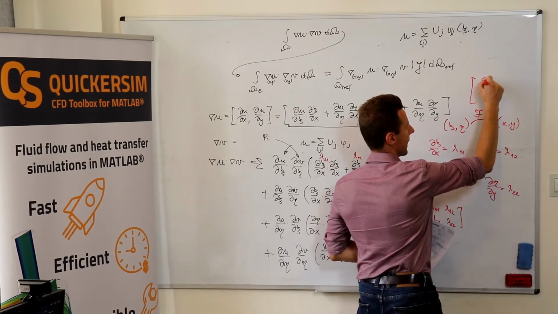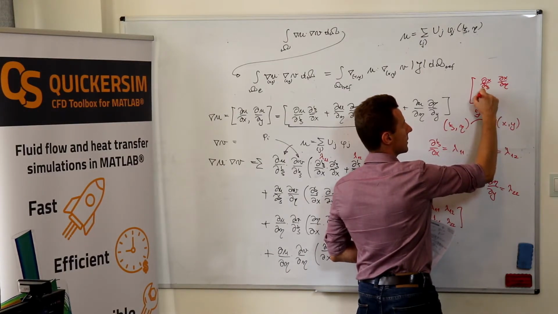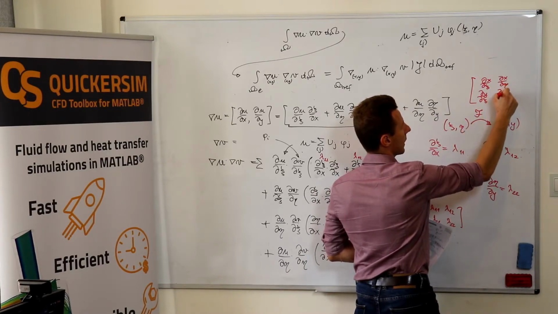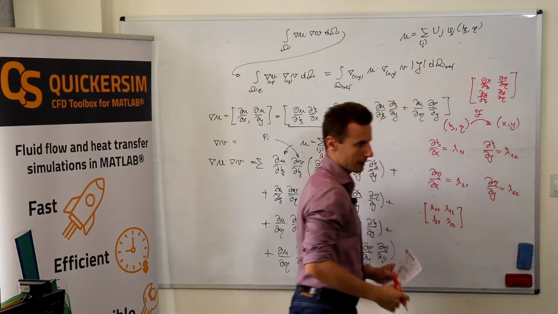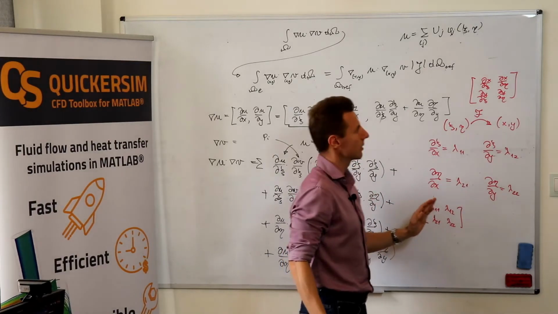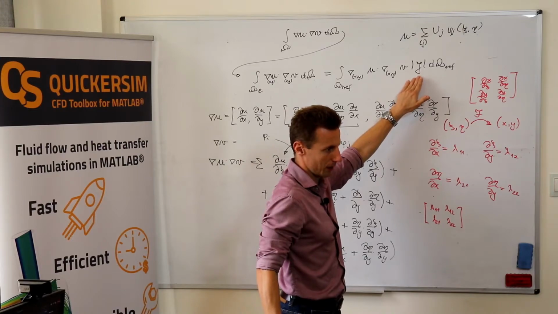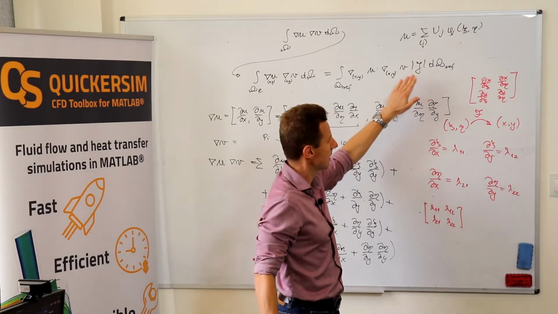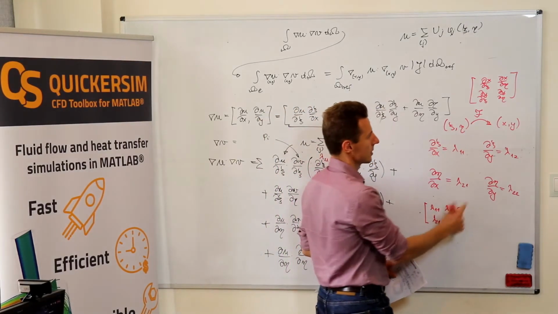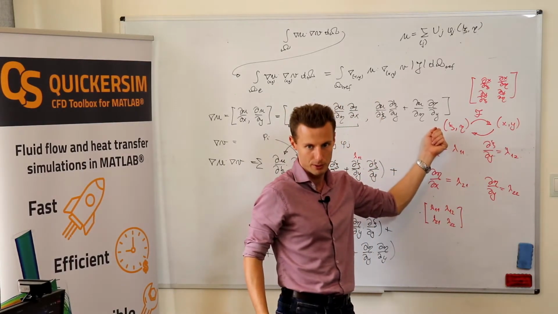You've got dx with respect to d psi, dx with respect to d eta, dy with respect to d psi, dy with respect to d eta. Is the Jacobian of your usual transformation? Here you are using the determinant of the Jacobi matrix, and here you've got the Jacobi matrix of the transformation from the physical space to the reference space.